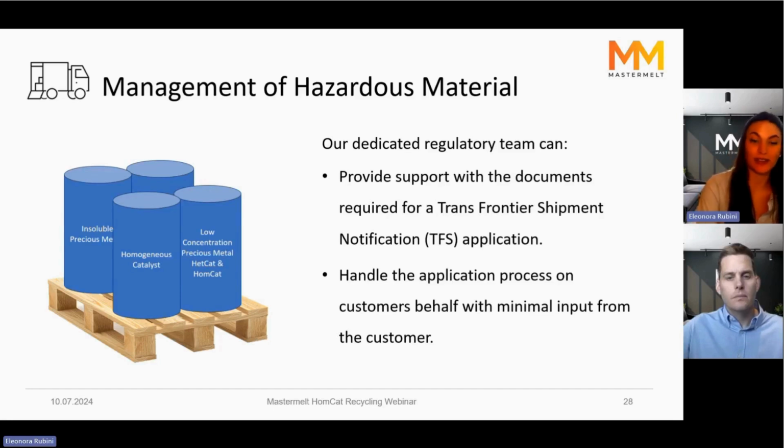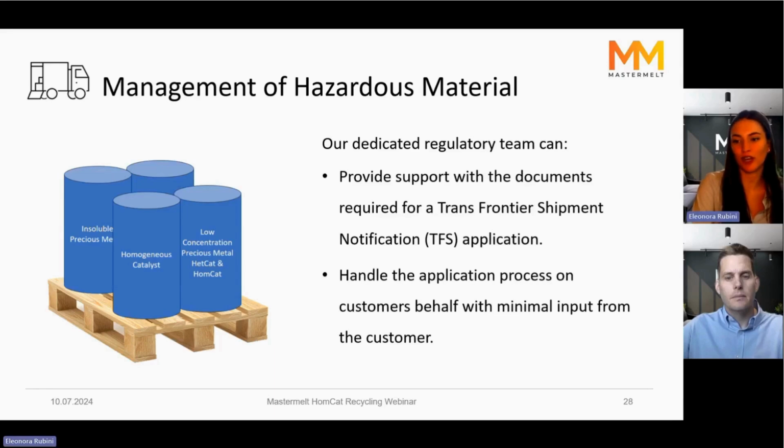The other option is that they can fully take over and handle the application on your behalf, putting in all the input necessary without you having to get too involved in this topic. However, we are also on an ongoing project here in Europe, working on some collection hubs in the countries where we're active, so that whenever you have some hazardous material, we wouldn't have to wait several months until the notification can activate, and the shipment could be a bit faster.